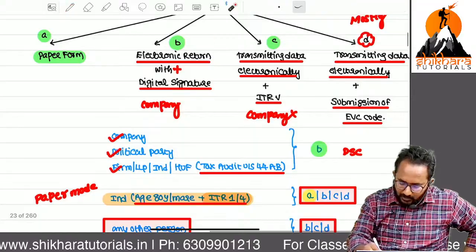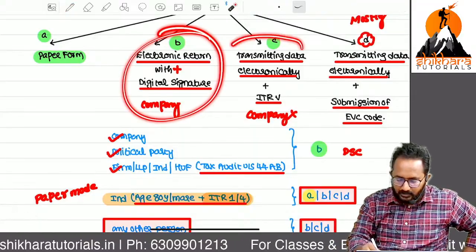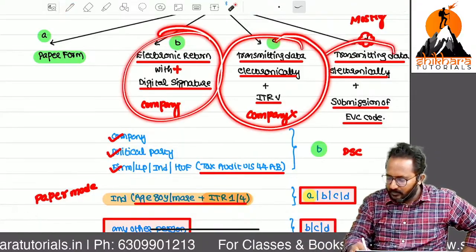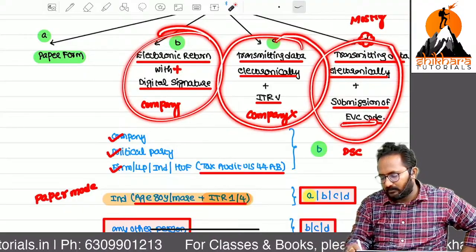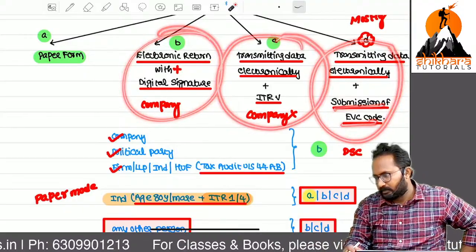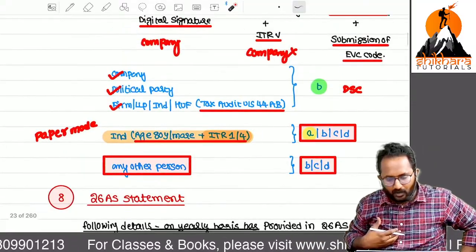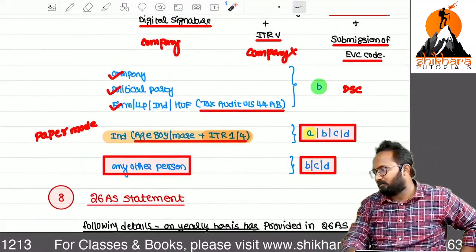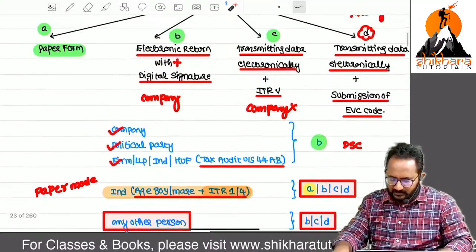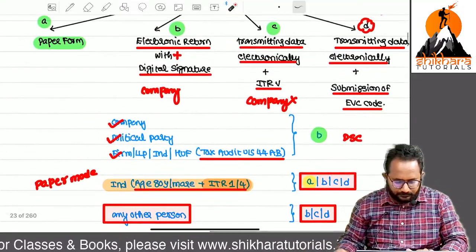Electronic filing with digital signature, electronic filing with physical signature, electronic filing with submission of EVC codes. Okay, I am also doing business or profession, and for me tax audit is not there. Now I will go with the BCD modes. So, okay, some questions I will ask, just listen carefully.